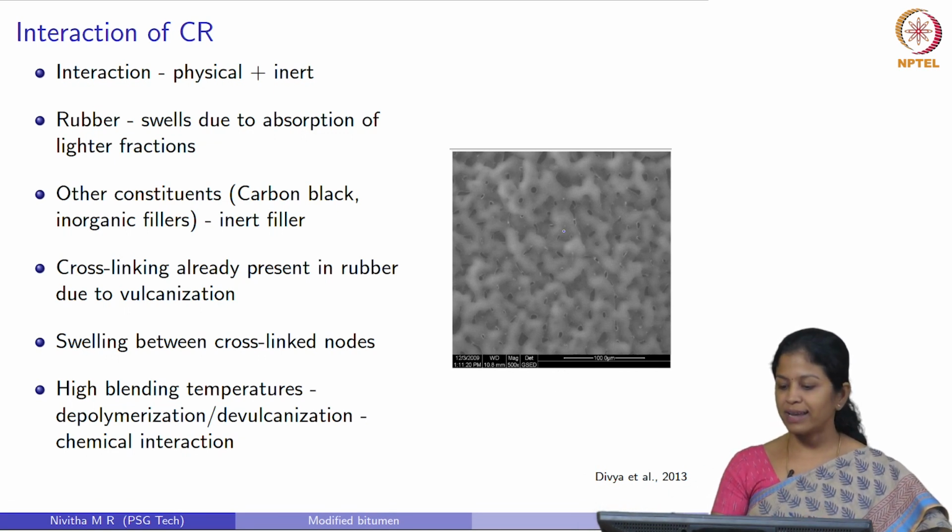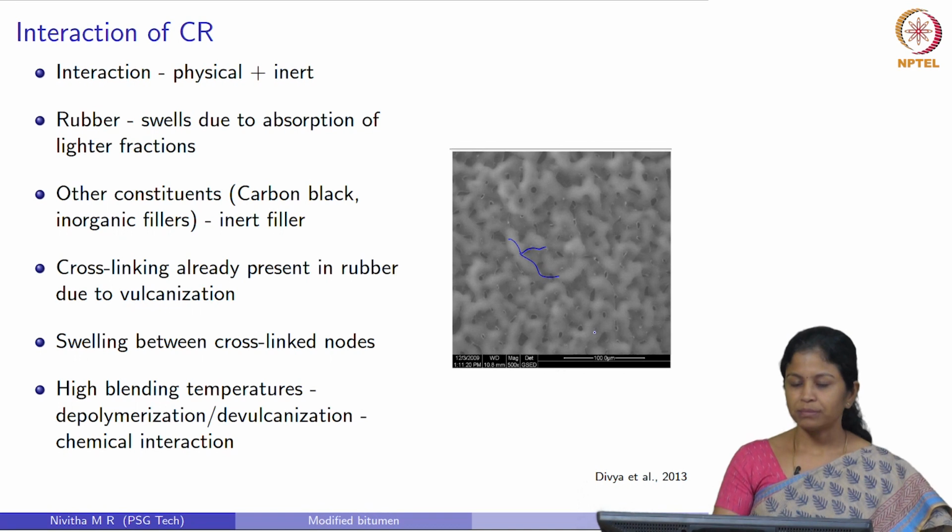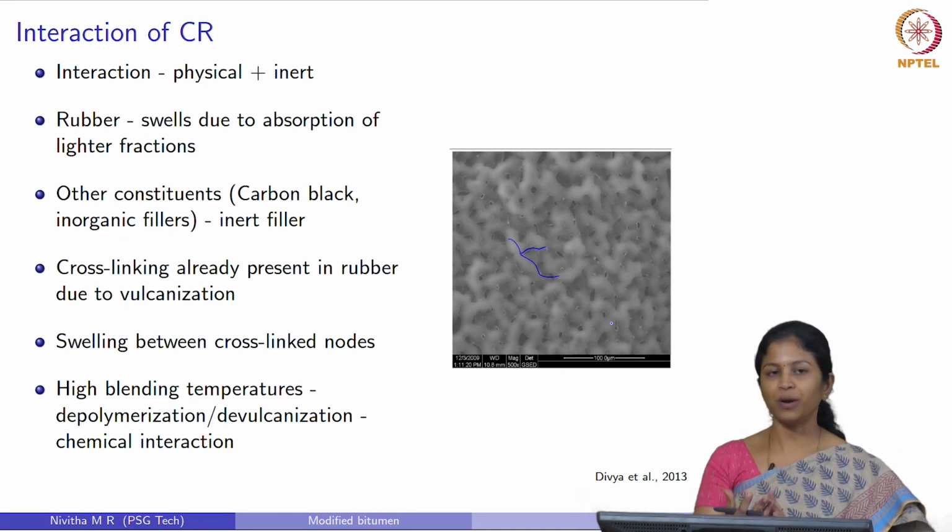This is an ESEM image of crumb rubber modified bitumen captured by Divya et al. You can see the intertwined network present in it. It swells and tries to form a 3-dimensional network, mostly a physical type of interaction.